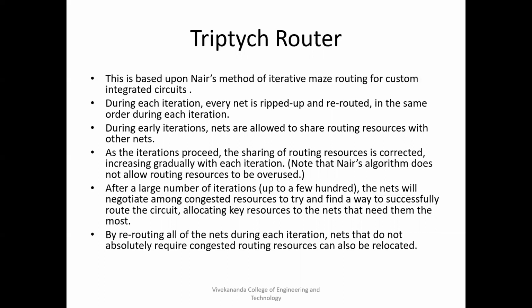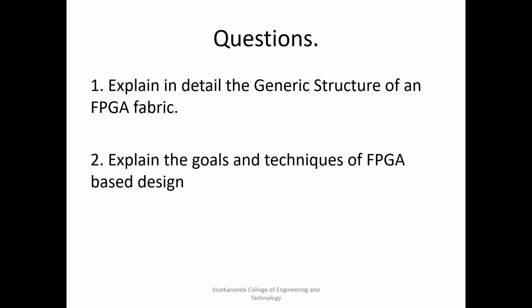By rerouting all the nets during each iteration, nets that do not absolutely require congested routing resources can be relocated. So this was about the Triptych router method. With this we complete the fourth module.